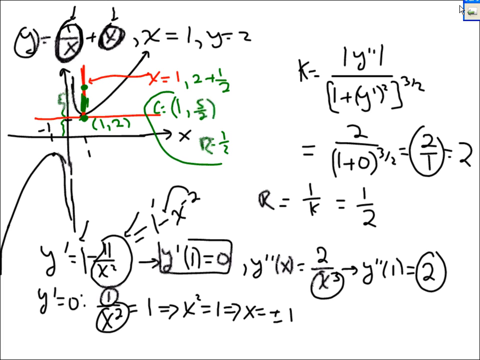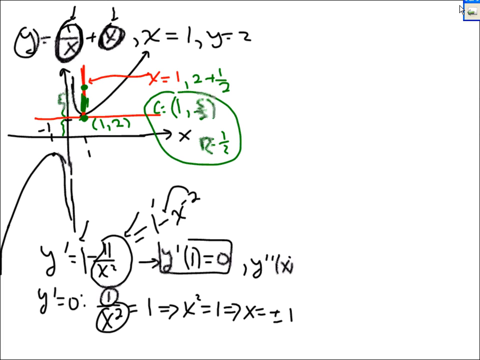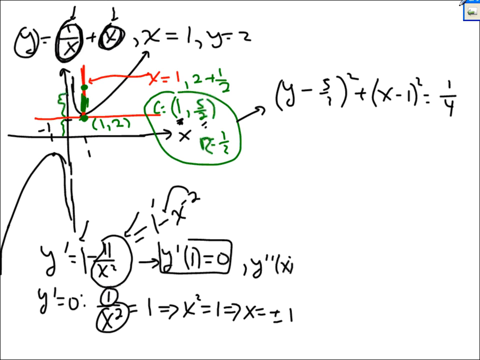So armed with the center and the radius of the circle, it's done. You have the center of a circle and you have the radius. You can't ask for more. So it's y minus the y value squared plus x minus the x value, which is 1, squared, and this is equal to r squared.